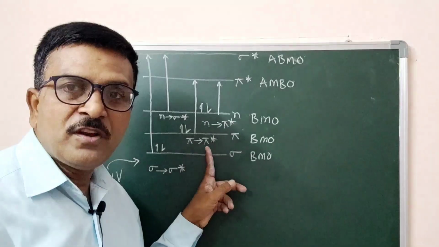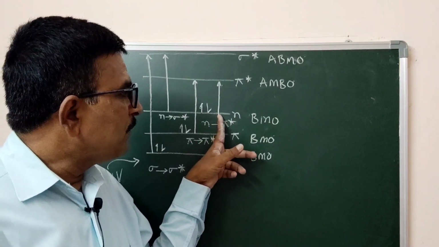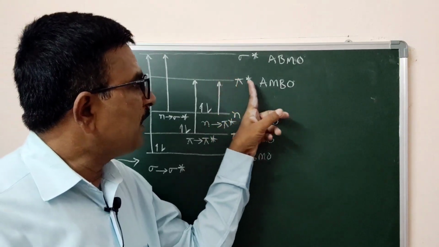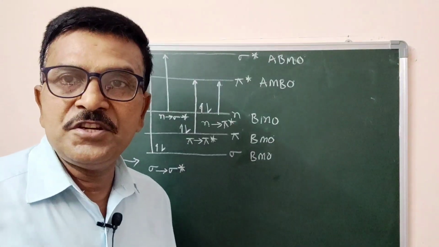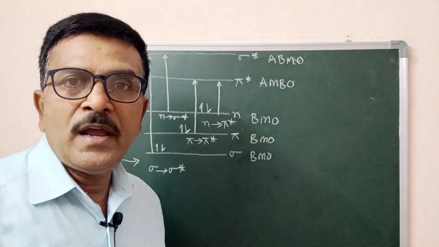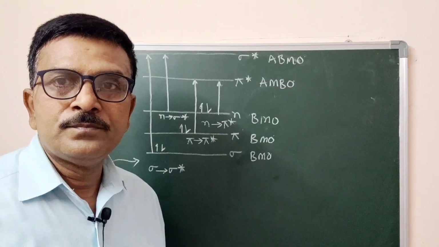This is the pi to pi star transition. Or an electron of the non-bonding molecular orbital is shifted to the pi anti-bonding molecular orbital. This is the N to pi star transition. So these are the four allowed transitions according to the selection rules.